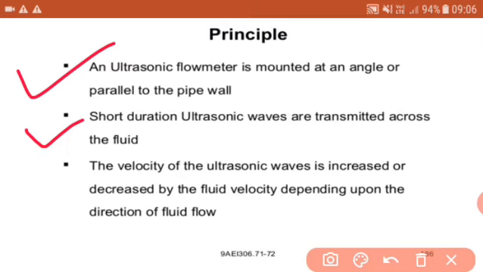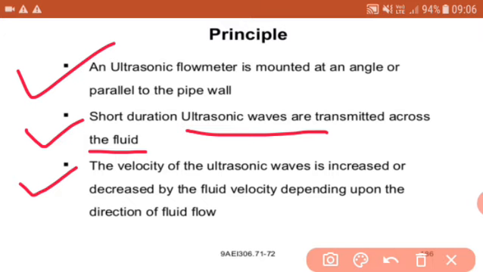Second, short duration ultrasonic waves are transmitted across the fluid. The ultrasonic wave is transmitted from the transmitter and received by the receiver.